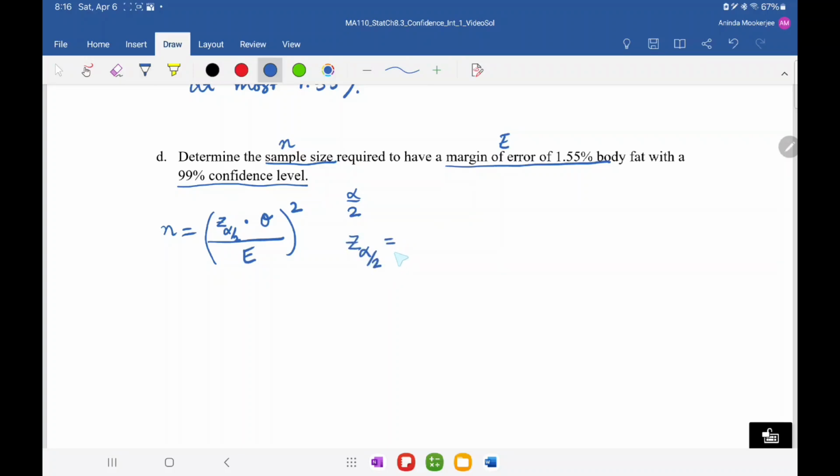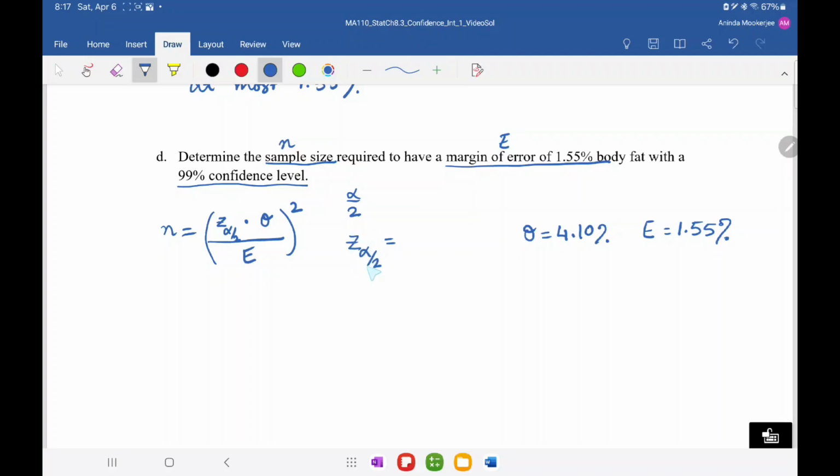And then we will need to find sigma, which was given to us as 4.10%. And E, they've asked us to use the 1.55%. So we will write that down here, 1.55%.